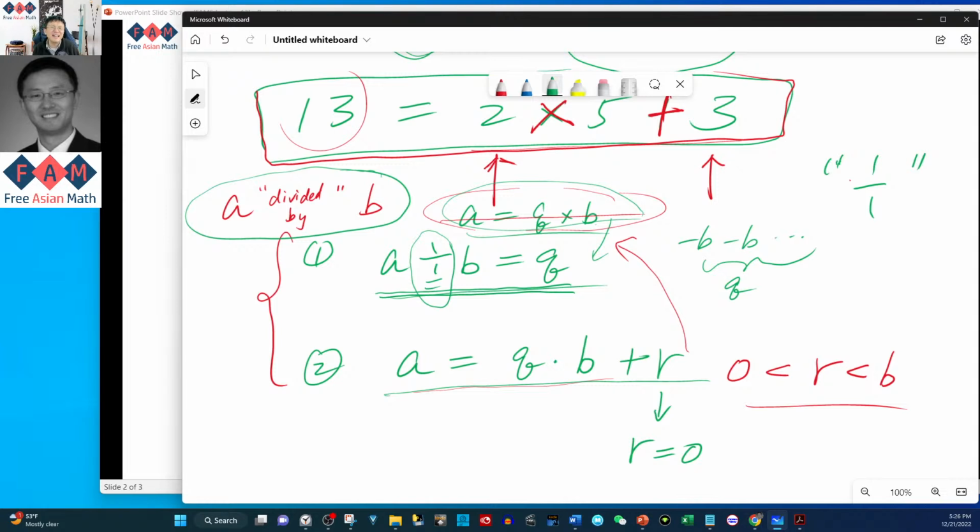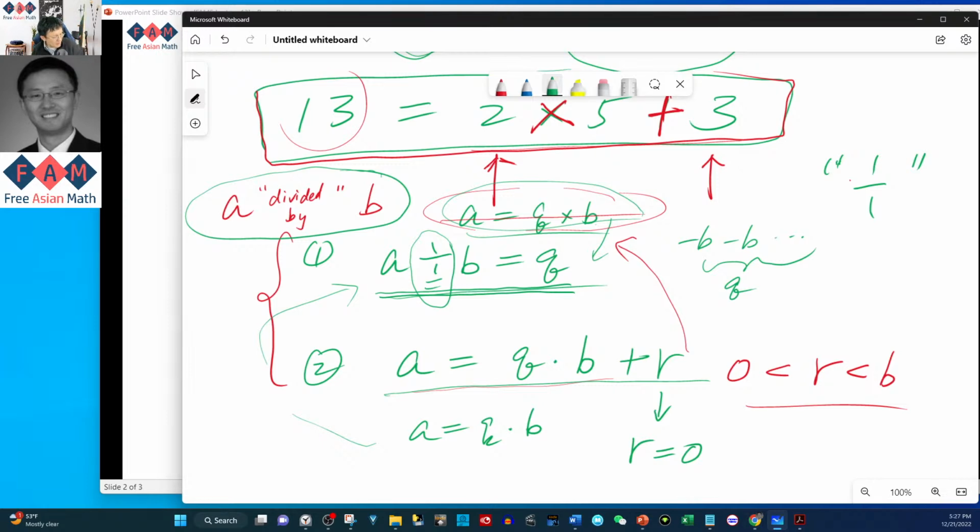So if we think that R equals 0, what happened? You add 0, that doesn't do anything. So this case becomes A equals Q times B. And that is exactly the condition that we want to meet for the first case.